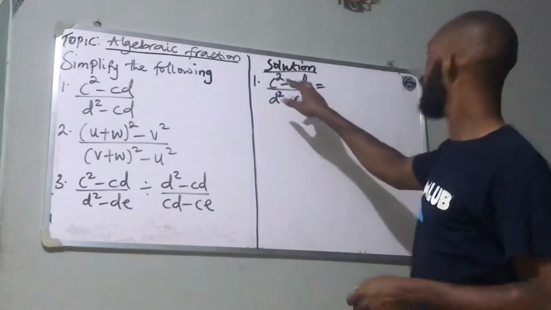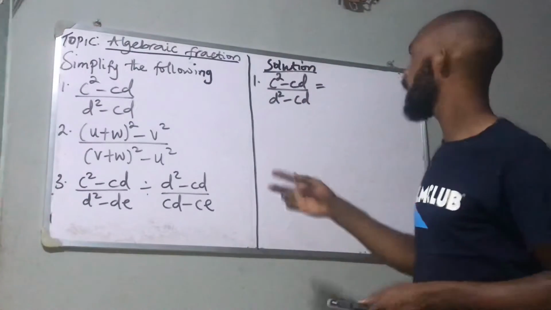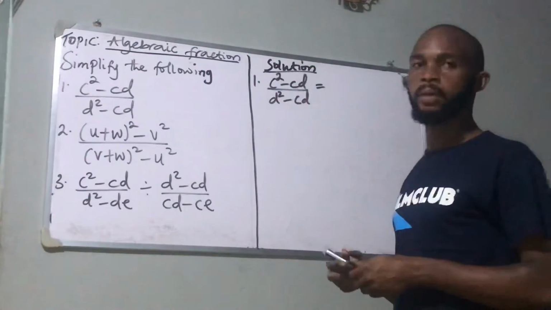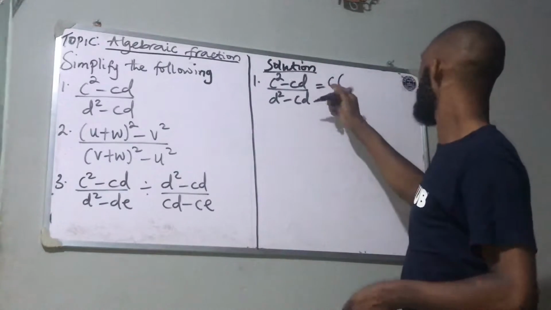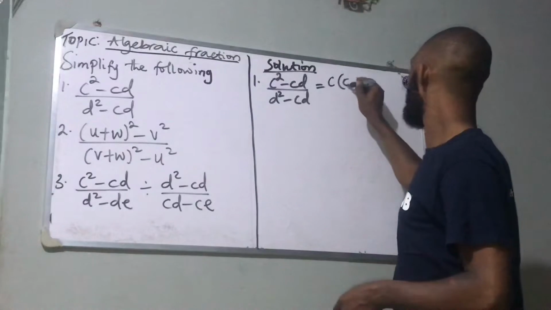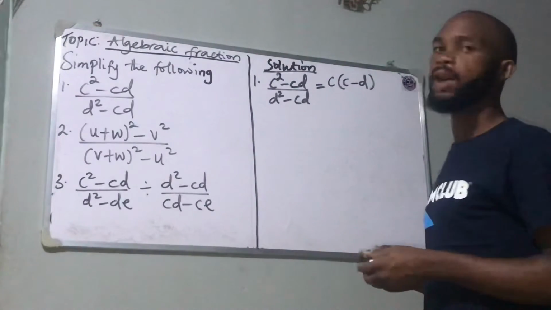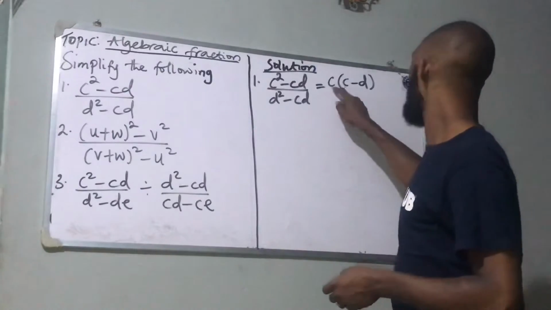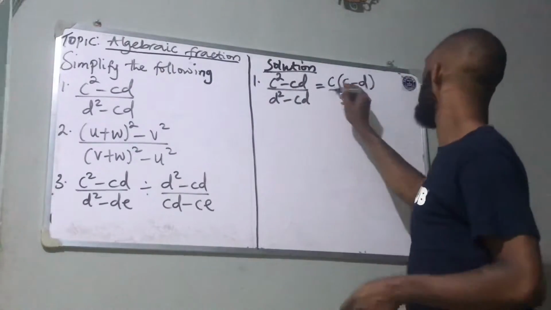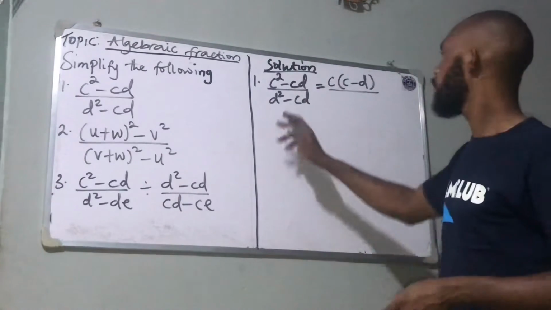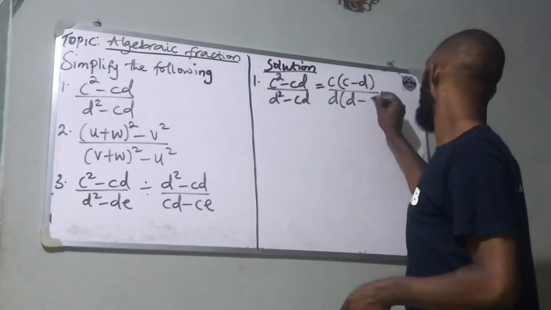First, you check what is common in the numerator. You can see c is common, so we have c, and we have c minus d. This is how we factorize. When you open the bracket, you go back to this. We do the same thing in the denominator. What's common? d is common, so we have d minus c.